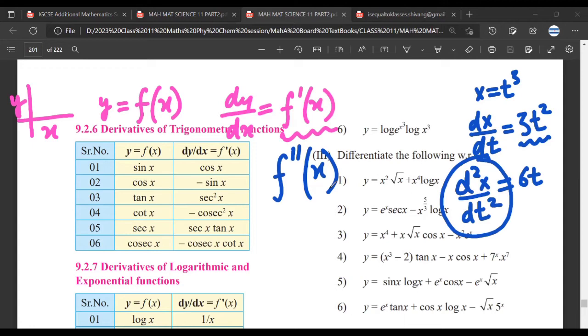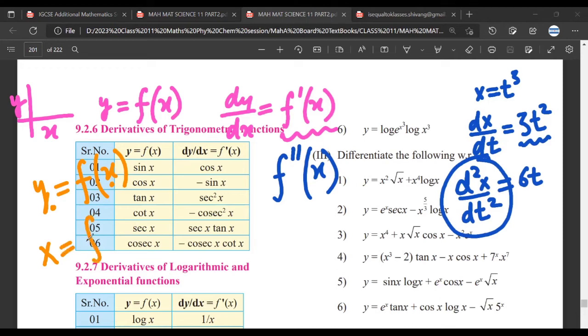Another thing, I won't spend much time, but it will help you. When they say that y is a function of x, what they basically try to tell you is that x is the independent variable and y is the dependent variable. Initially, as I've told you, this terminology is a bit confusing.